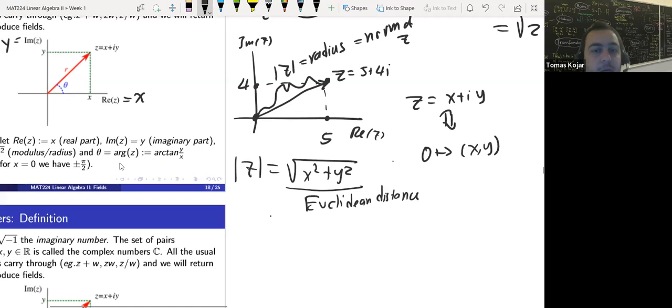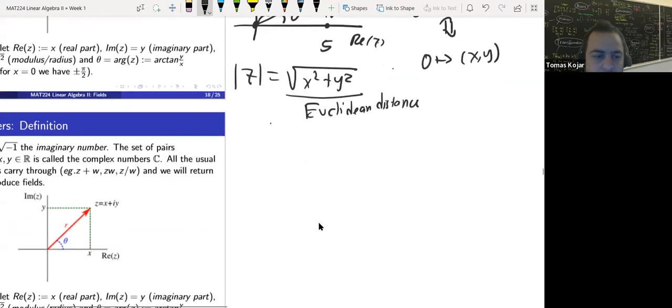Moreover, we have the notion of angle. This angle with the x-axis, theta, we call the argument of z. In practice, we don't really use arctan to compute it. This is the definition, but it's quite awkward to work with for computing the angle.